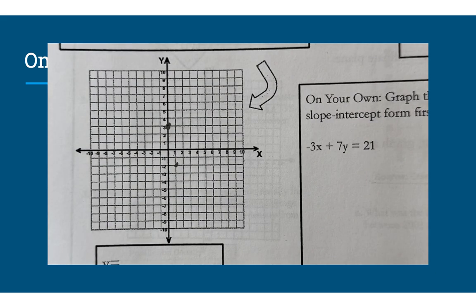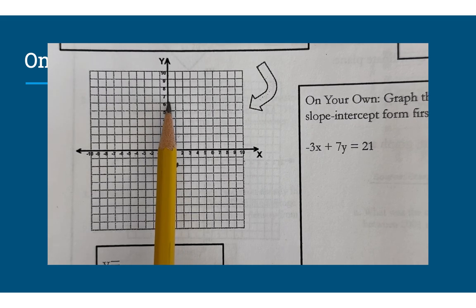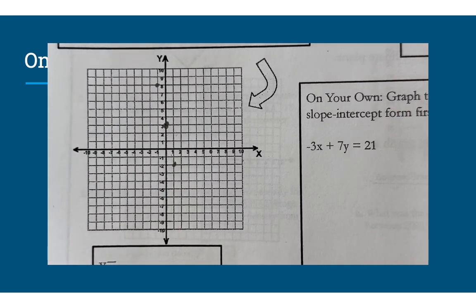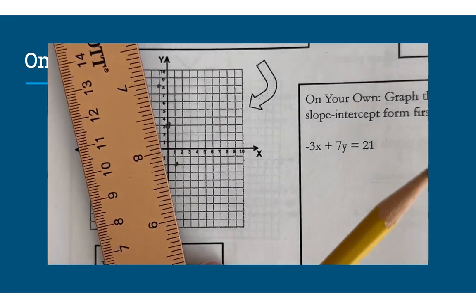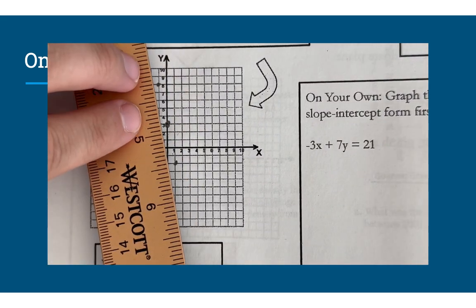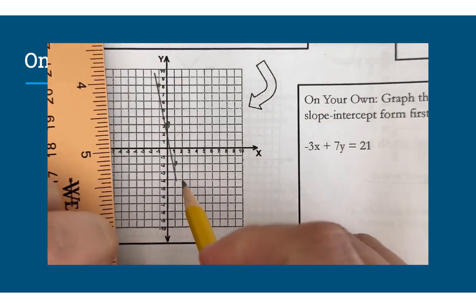I then do that again by going up 5, 1, 2, 3, 4, 5, and to the left 1, putting a point there. So the final step is to take my ruler and connect the dots to a nice straight line.